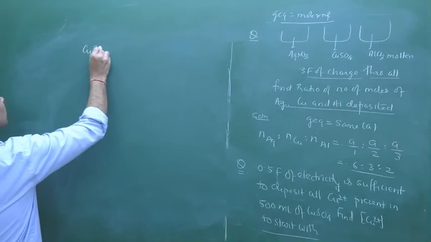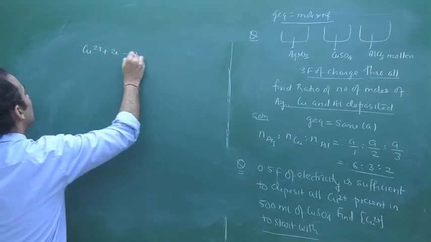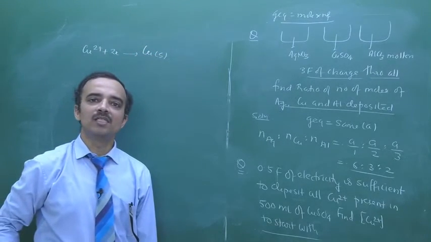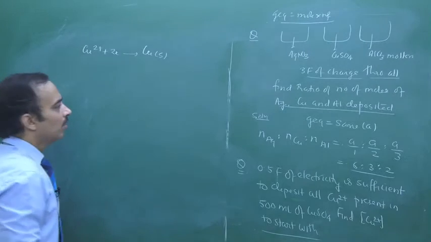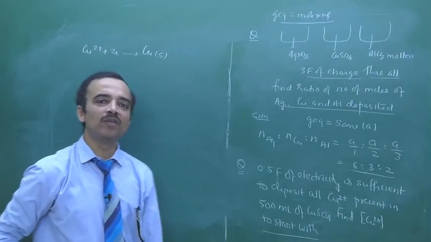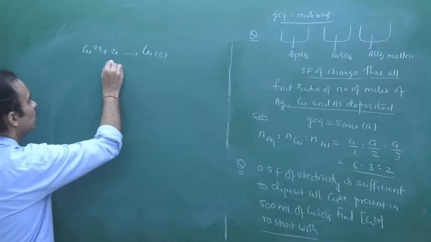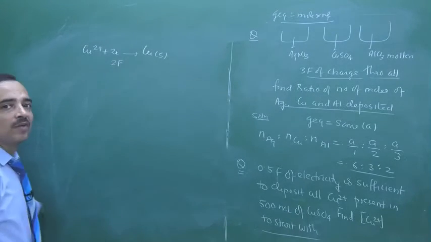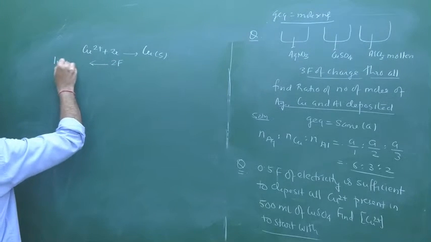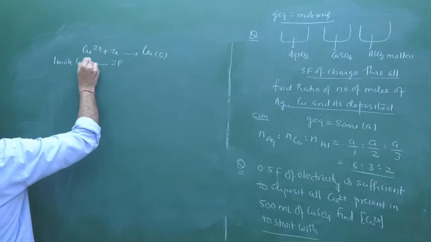How can we do this question? Beta, this is the reaction being asked. Now, I have said 1 Faraday is charge carried by 1 mole of electron. Here we have 2 mole of electron. That means 2 Faraday. 2 Faraday reduces 1 mole Cu2 plus.